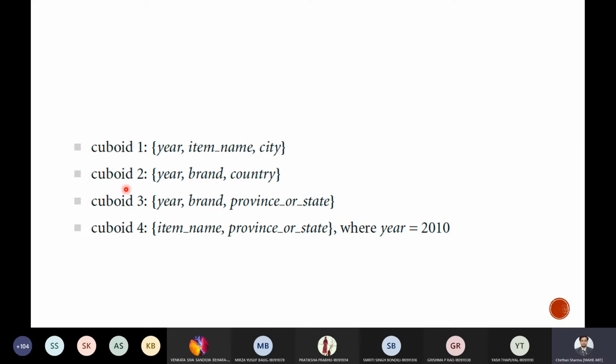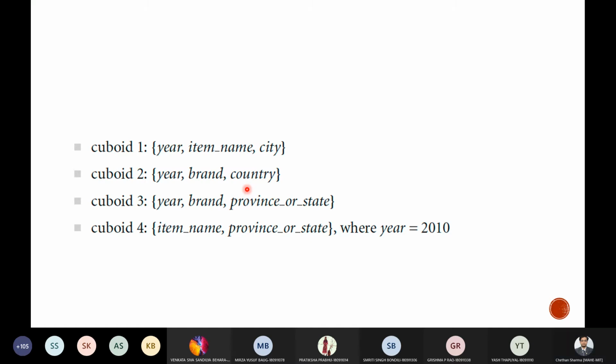So based on this particular statement, cuboid 2 cannot be used because country is more general than state. As I told you, the query in hand is concentrating on brand and state.